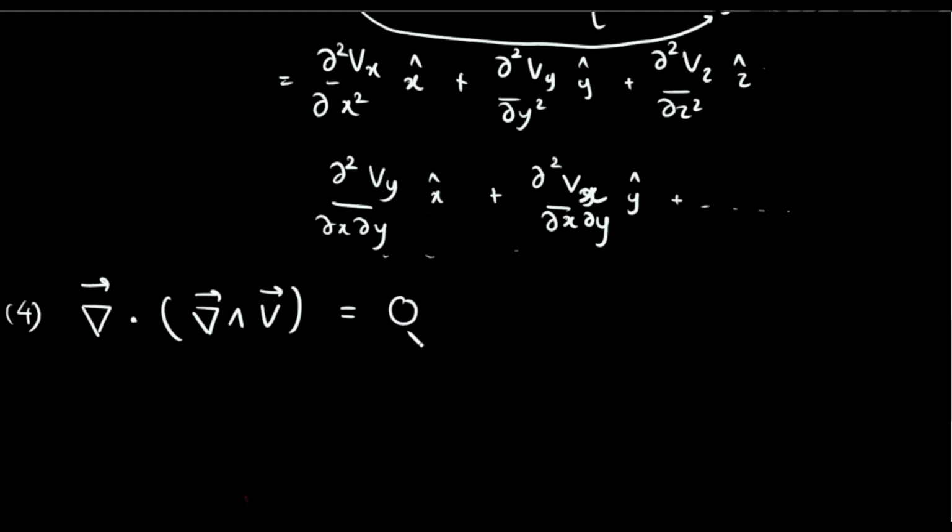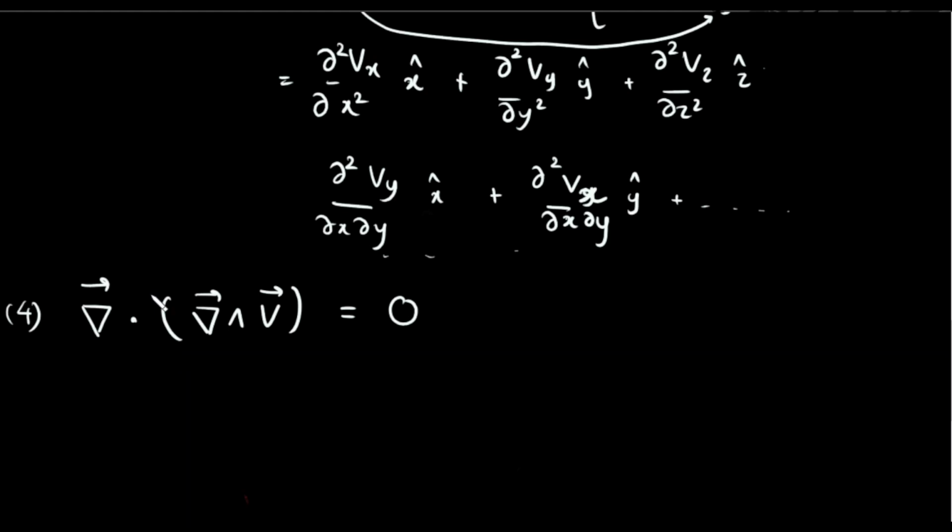This is not going to be a null vector, because this is just like a scalar triple product. A scalar triple product means we are going to get a scalar as the final outcome of this term.